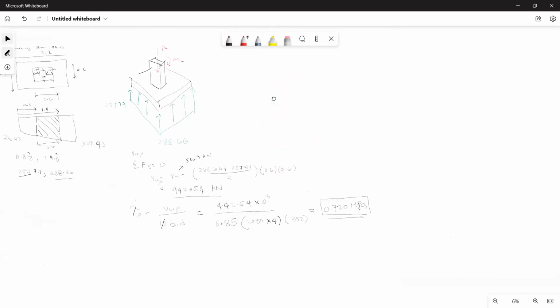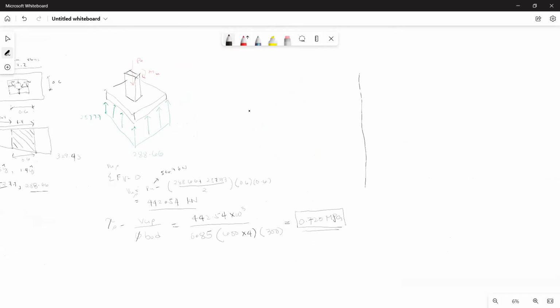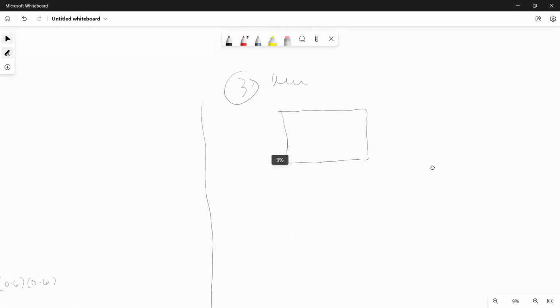So for the moments naman, sa moment, the same dun sa ginawa natin. Basically at this time naman, ang critical part is the face of the column. So ito siya. Kunin lang natin yung distance na yan. Diba ang distance na yan is 0.95.